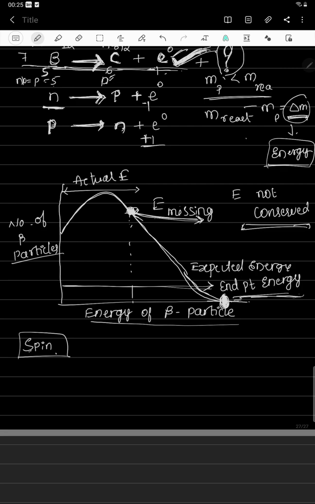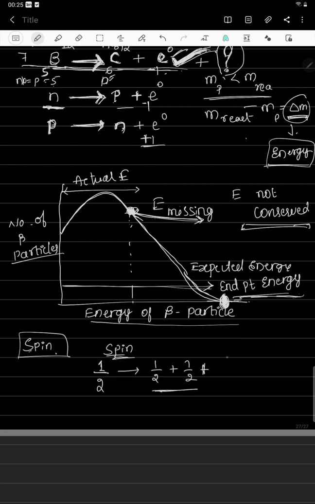For this reaction, the neutron, proton and electron all have spin half, so all these are spin half particles. On the LHS you have only one half, while on the RHS there is one. This means spin is not conserved, so spin angular momentum is also not conserved, and some other term should be added in the RHS so that we can balance the spin angular momentum.